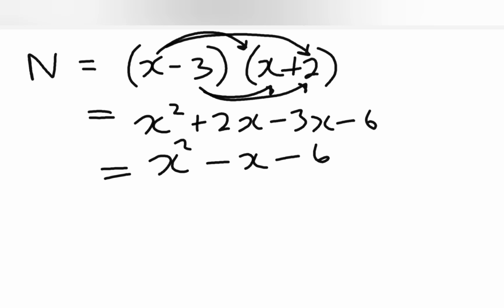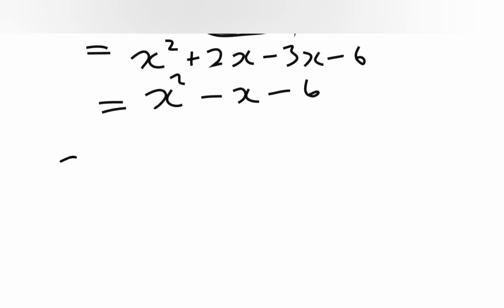So now that we have found the area of both rectangles, we're going to subtract the area of rectangle N from the area of rectangle M. That simply means that we're going to write the area of rectangle M first.